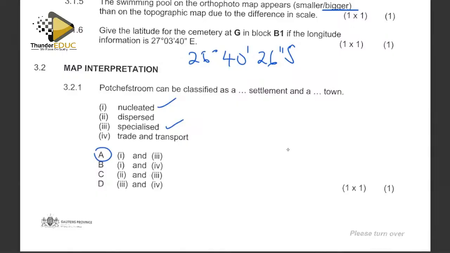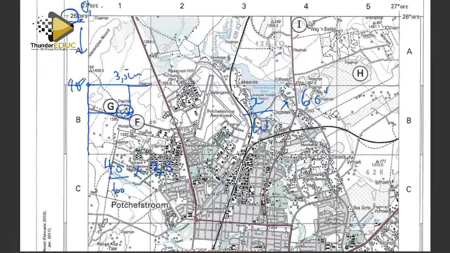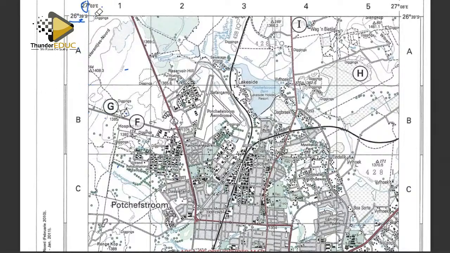Right, moving on to the next question. Identify the land use in block A5 at H. Right, we're using the topographic map. We go to our map. We want to identify the area. Our H is there in block A5, to the extreme northeast corner. Right, our H is here. What is the land use here? We are referring to this area.